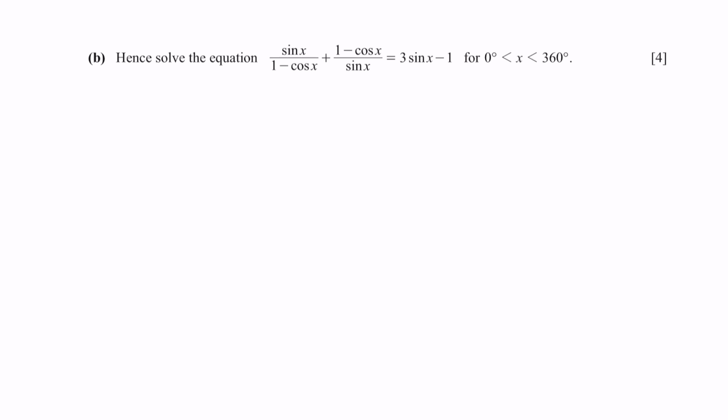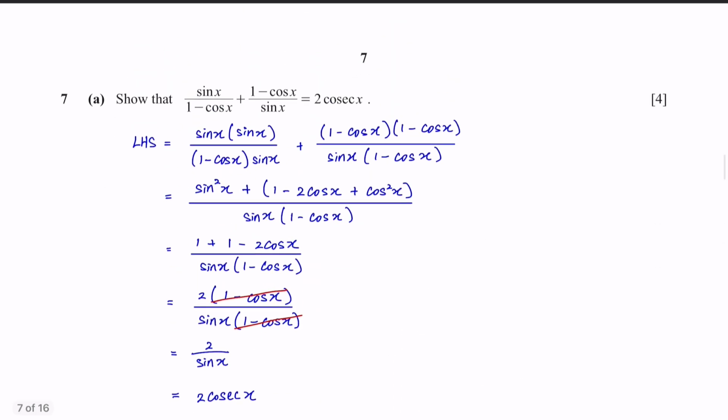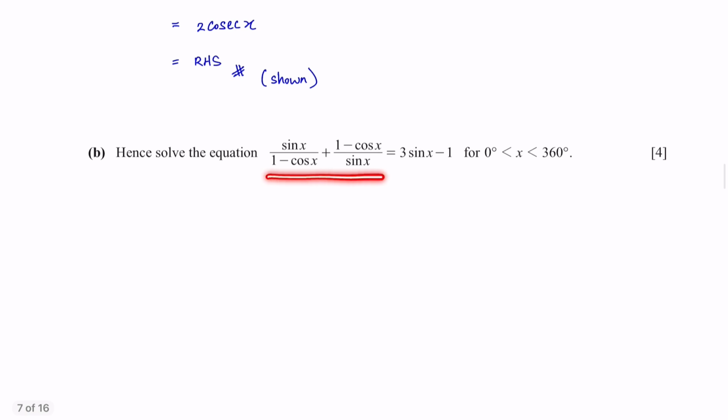Part B. Hence solve the equation of this. So we can see that the left hand side of the equation is actually the exact same thing as this. Since we already proved that the left hand side is equal to the right hand side, we can write this as 2 cosecant x, and the right side remains as 3 sine x minus 1.